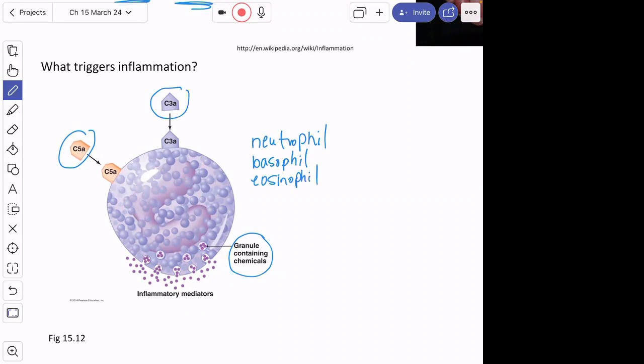The binding of those complement proteins causes them to release their granules. And what's in those granules, chemicals that we refer to as inflammatory mediators. What kind of things are inflammatory mediators? I have some further examples written on a slide in a few minutes here.